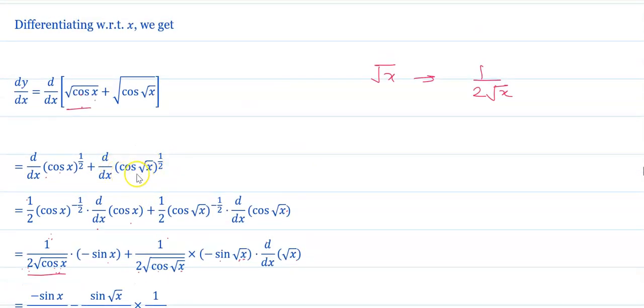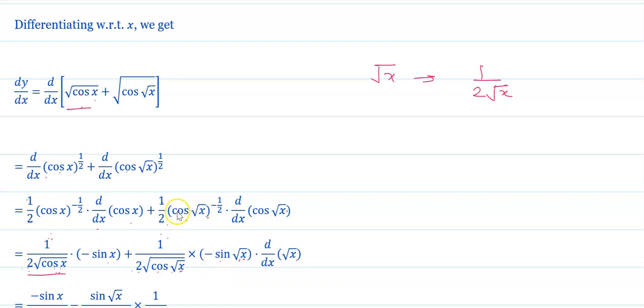See this here again. The d/dx of cos of root x, 1 upon 2 is 1 upon 2, cos of root x, 1 upon 2 minus 1, that is minus 1 upon 2. How do we handle this power? We write it as positive. And that's why here 1 upon 2 times root of cos of root x. Derivative of root of cos of root x is 1 upon 2 times root of cos of root x.